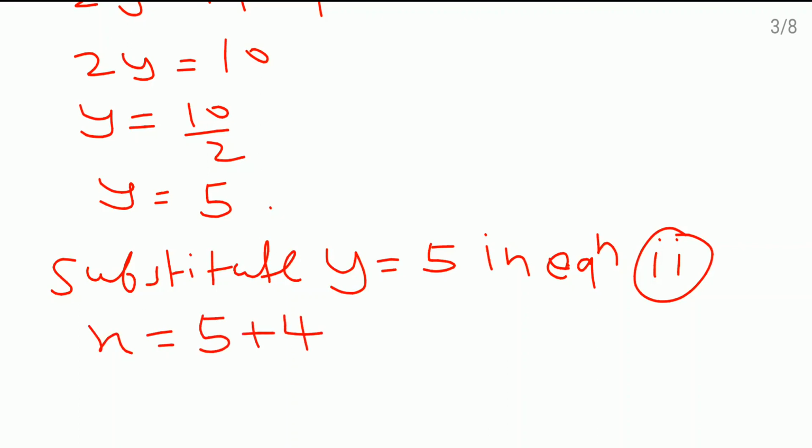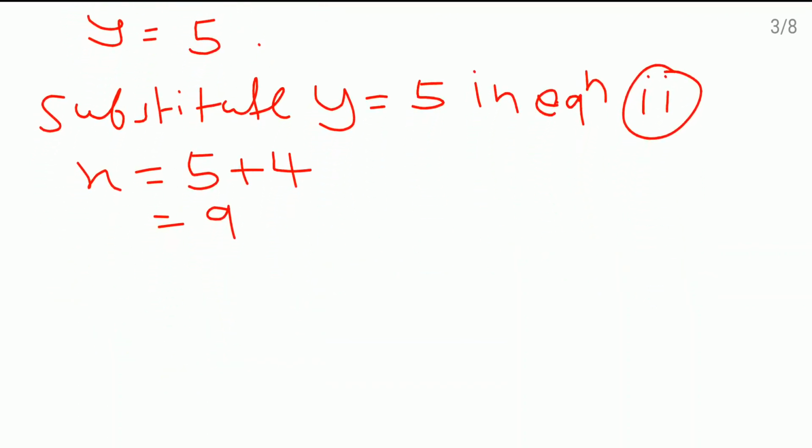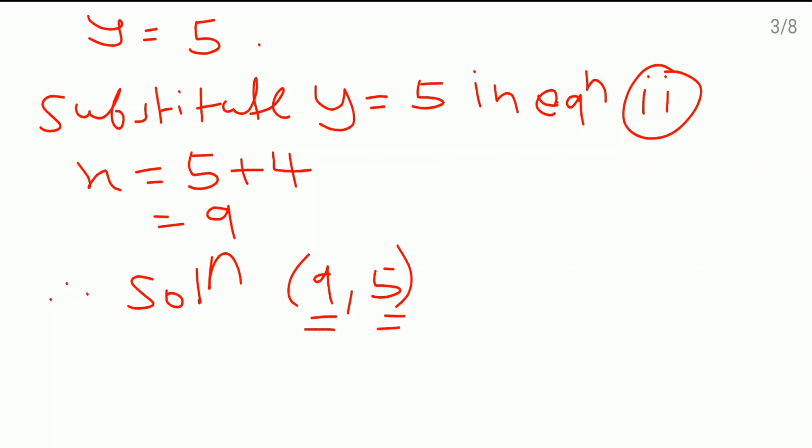So 5 plus 4 comes as 9. I got the value of x, I got the value of y. Therefore, finally I'll write the solution is 9, 5. Always write the value of x first and then the value of y. In this way, by substitution method, we get the solution.